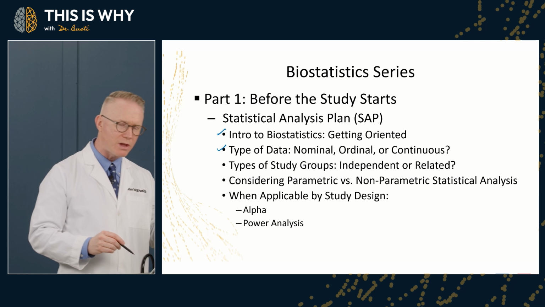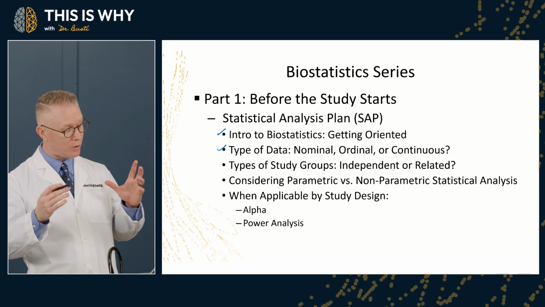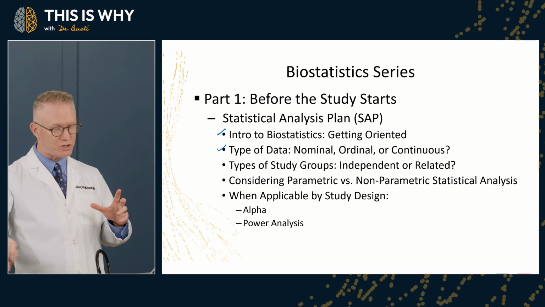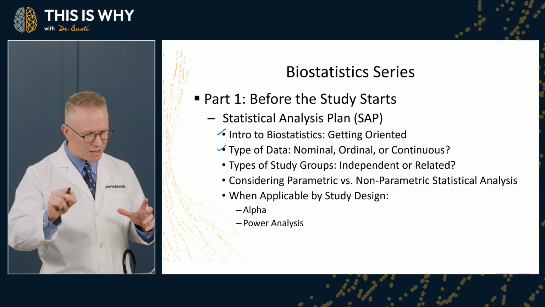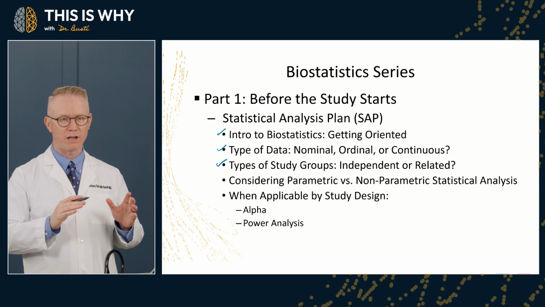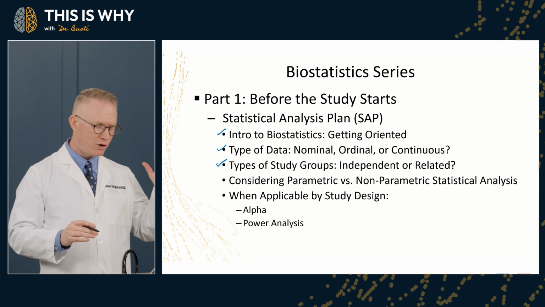Within part one, we're under the Statistical Analysis Plan, just to keep us in the same framework, where we covered how to get oriented, the type of data that you're dealing with: nominal, ordinal, or continuous. That helps drive picking the right statistical analysis, whether it's parametric or non-parametric. So make sure you know those and you know how to pick the right study group. Are they independent, related? Do you know how many there are?